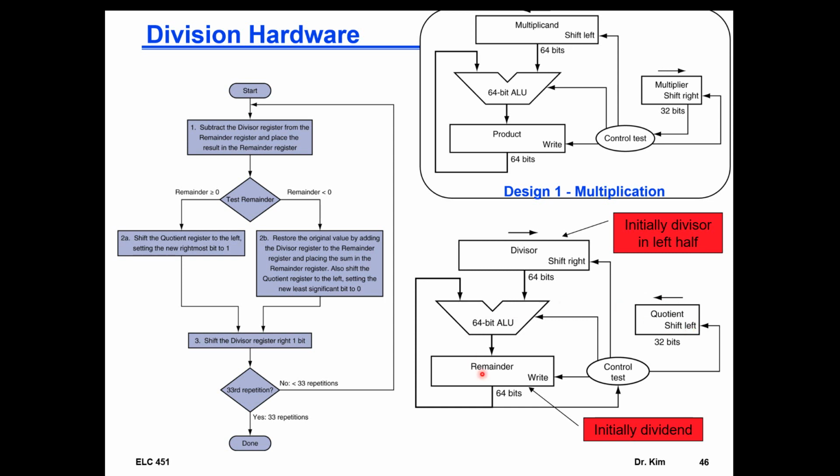So again, this is the number that you are dividing, the number you're dividing by on the left, and the result is here, and the algorithm is here. The controller is going to be controlling this datapath, giving the tests of the different bits at different times through the process. So you can see the algorithm here.